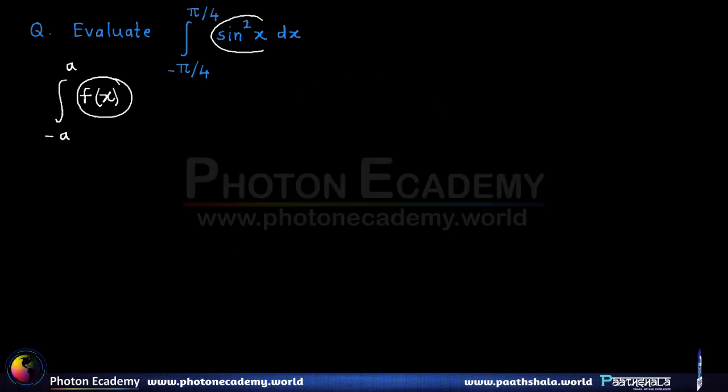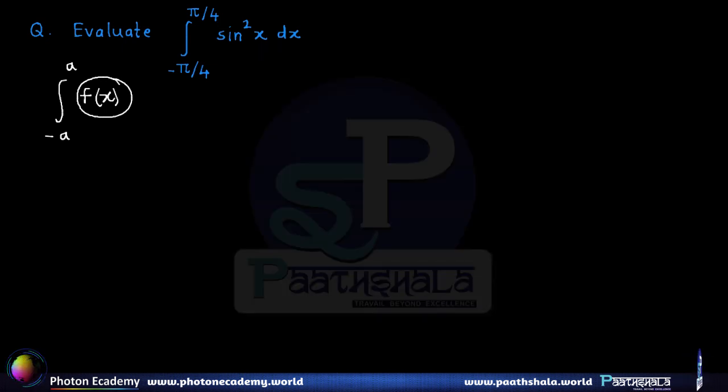Now our function is sine square x, so if we replace x with minus x, since the sine of minus x is ultimately getting squared, it will be the same as sine square x only. So therefore yes, we have an even function here.